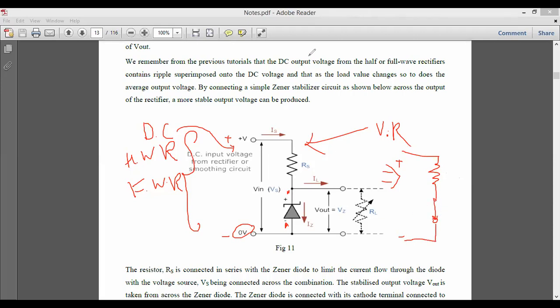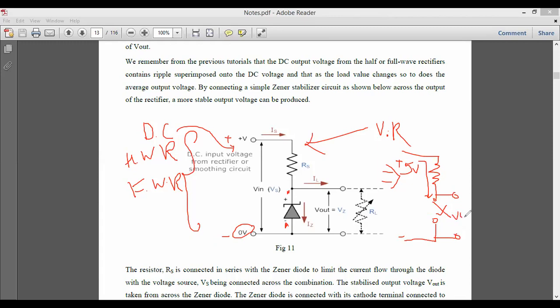If the Zener diode is operated under forward bias, it is operating as an open switch. With an open switch, even if I apply any voltage, for example a 5 volt supply, the current will flow only up to this switch. It will not allow any current to flow through the further part of the circuit.